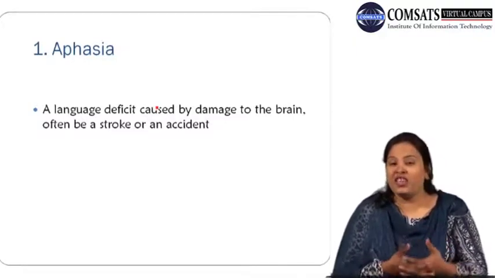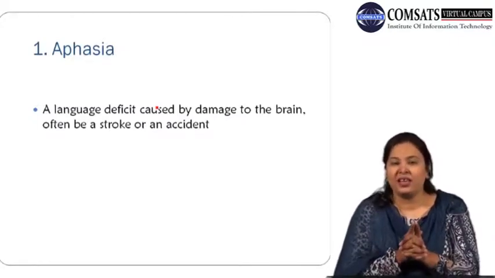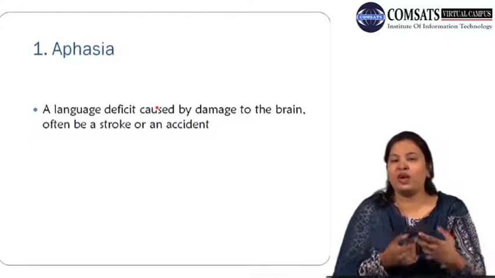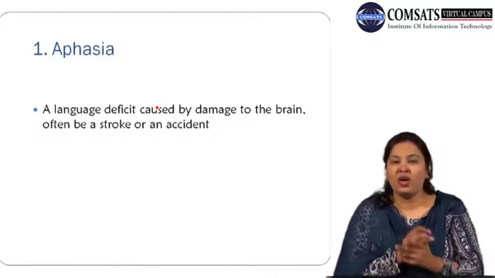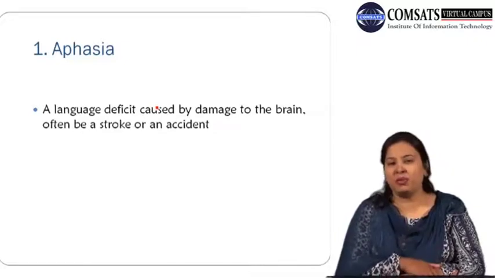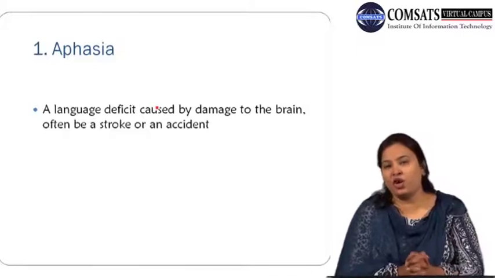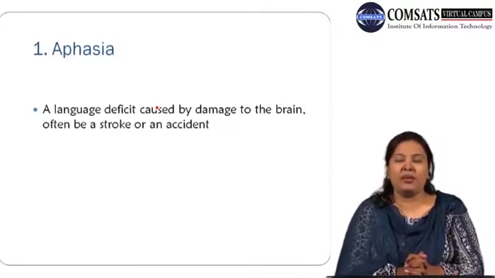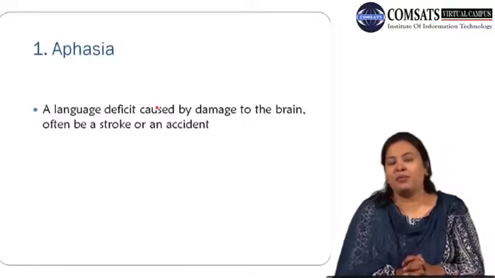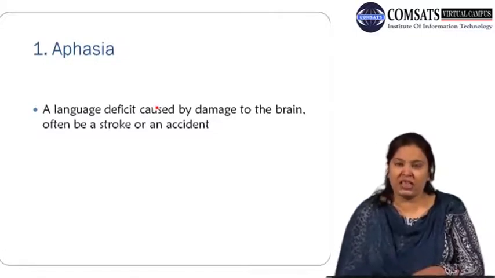As our major focus in this lecture is on language and the brain, we have seen how language is associated with the left hemisphere of the brain. But if these parts of the brain get damaged, what kind of language deficiencies are created by damage to these different parts of the brain? Such disorders are referred to as aphasia.